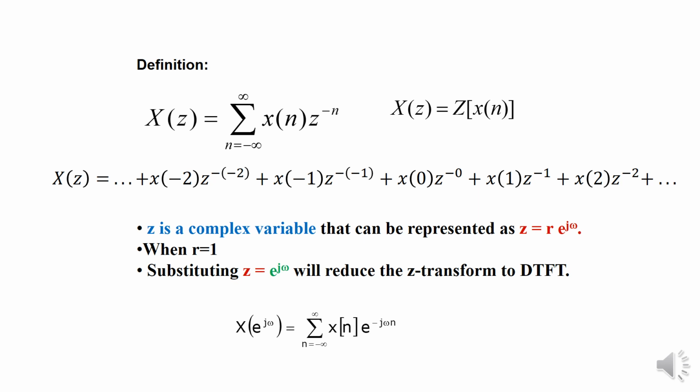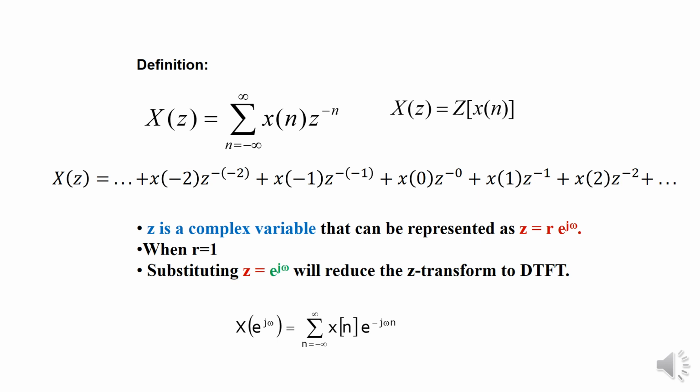When we substitute r equal 1 into z, z is equal to e^(j omega), right? So take a look at the equation of the definition, then we replace z by e^(j omega). Therefore we'll get X(e^(j omega)) equal sigma n equal minus infinity to plus infinity x[n] e to the power minus j omega n, right? z to the power minus n will be e to the power minus j omega n.